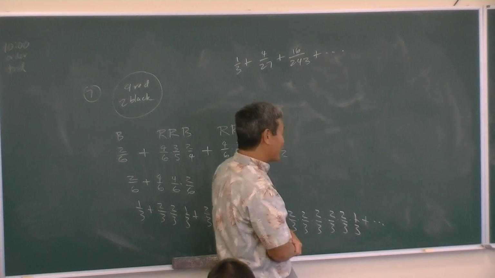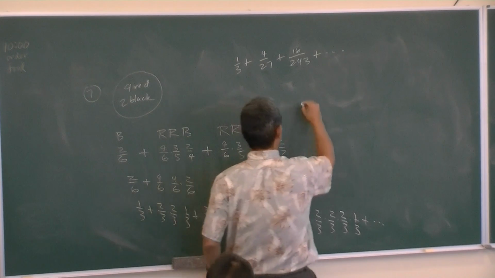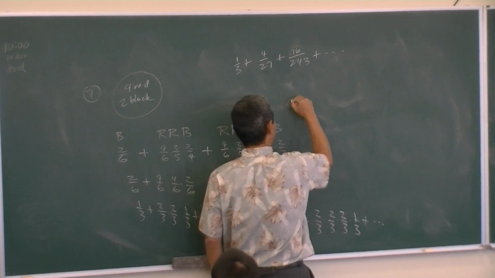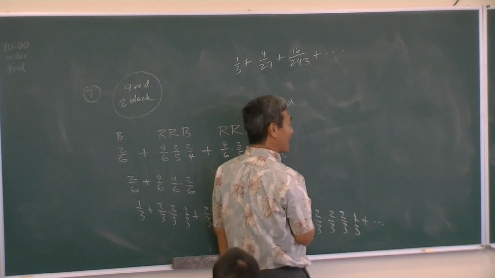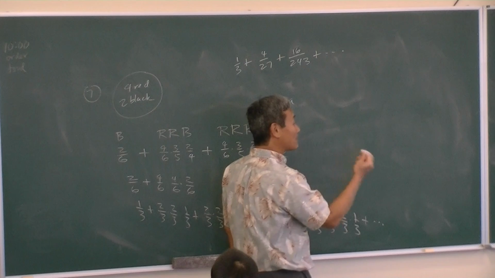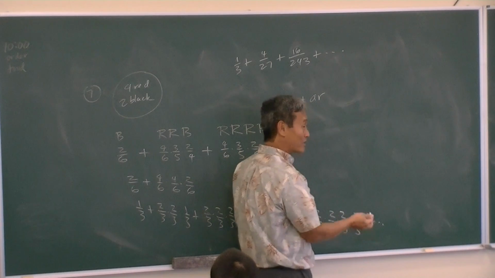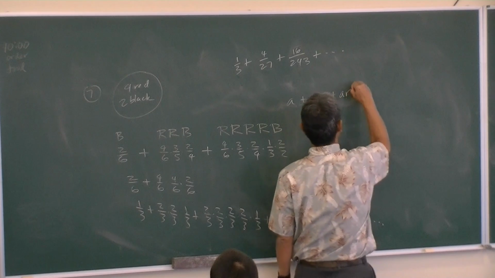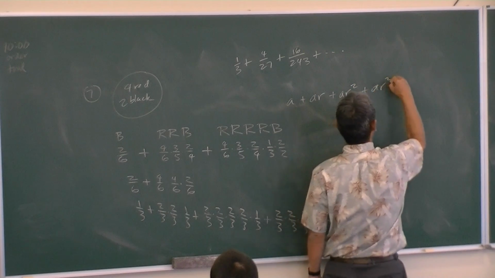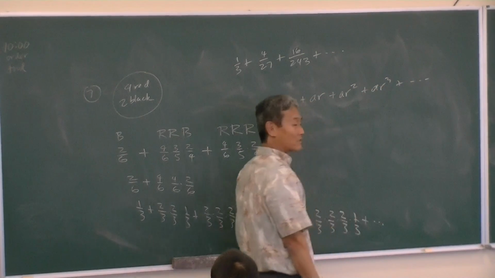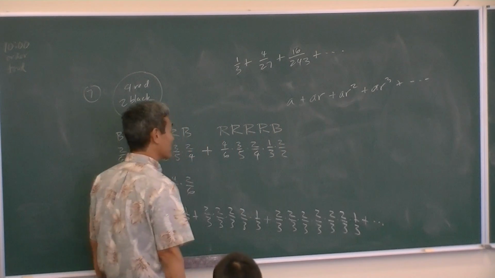Now, when you have an infinite geometric series here, it looks like this. Okay, this is how it was in your book. Let's call the first term A. And you keep multiplying by the same number every time. We'll call it R. R is for ratio, yeah? If you keep multiplying the next term by R, you get this. This is called an infinite geometric series.